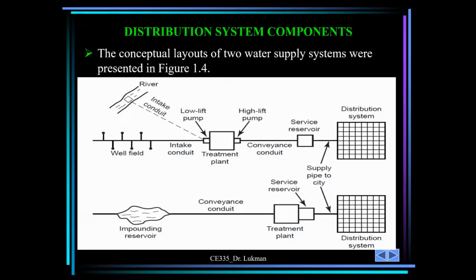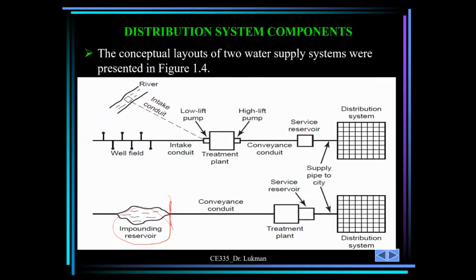One, the impounding reservoir, and then you have a dam. Water is impounded or collected in the reservoir, and then you have a conveyance conduit, which is the pipe conveying to the treatment plant, and then the service reservoir, and then it is pumped to the distribution system, which is the city.